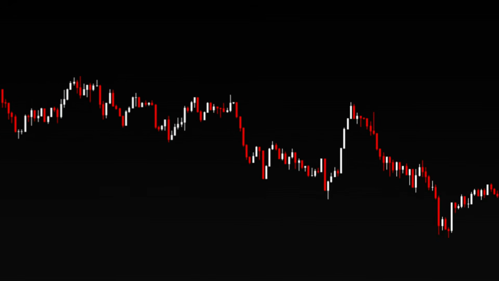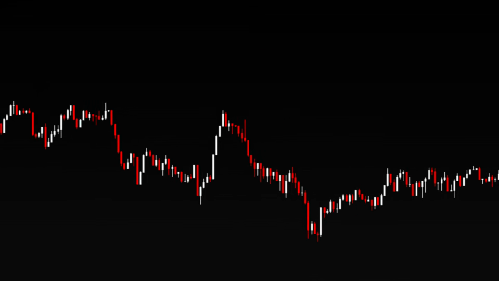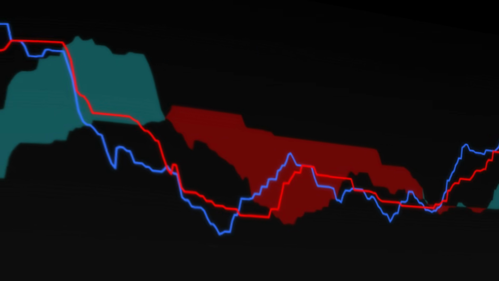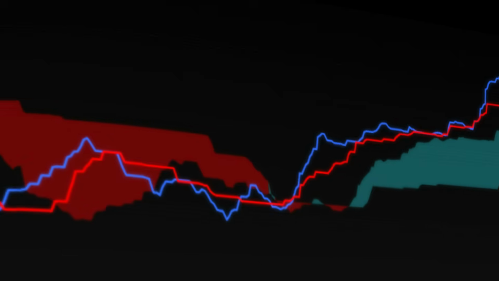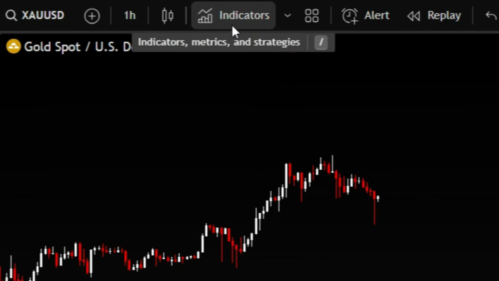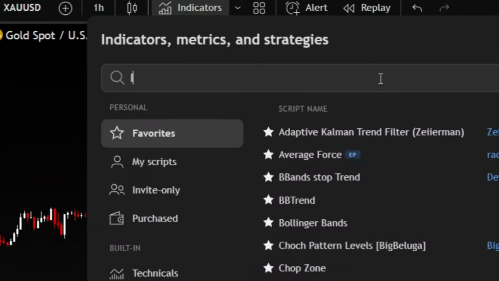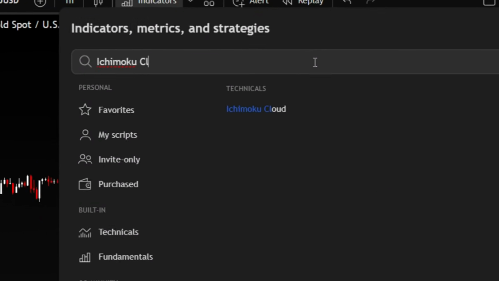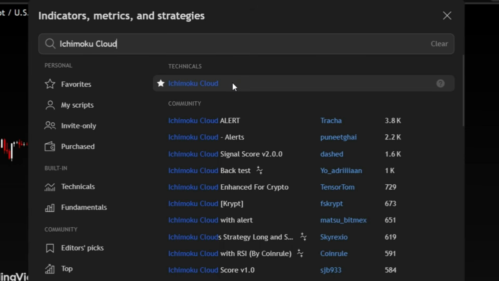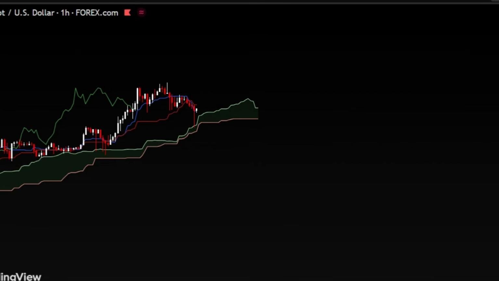Now that you understand how we're using Fibonacci, let's move on to the second part, where the Ichimoku cloud steps in and elevates this strategy to another level. So on your TradingView chart, head over to the Indicators tab and type in Ichimoku cloud. Click on it, and it will appear on your chart in its default form.